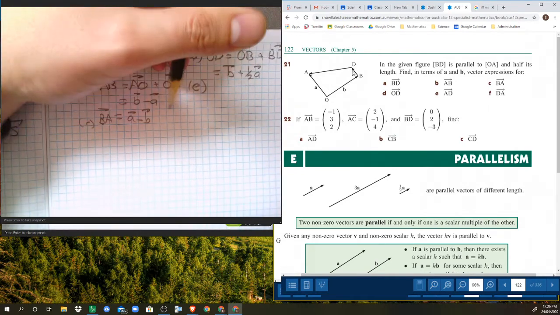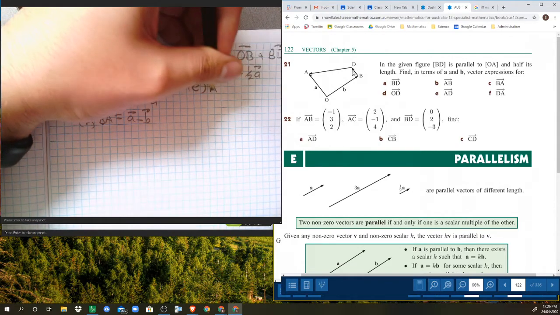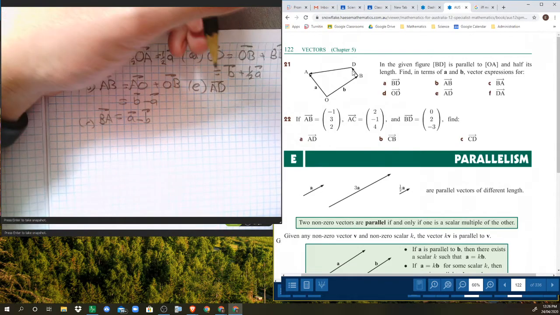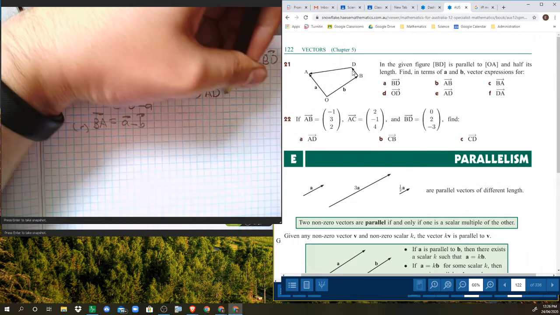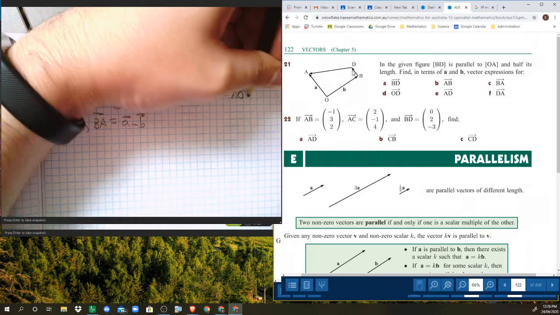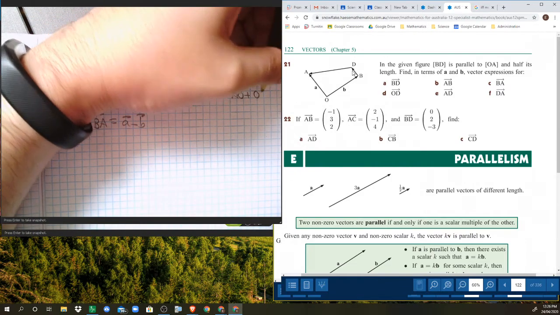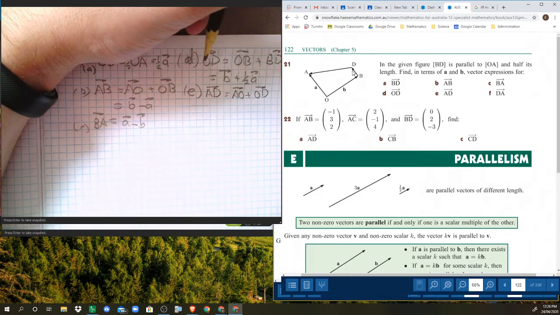Question E, A to D. A to D could be done by going from A to O plus O to B. Basically from O to D, we can take a shortcut because we got that in the previous part.